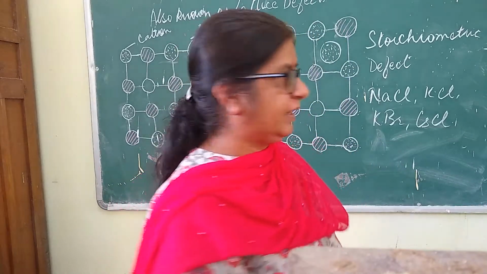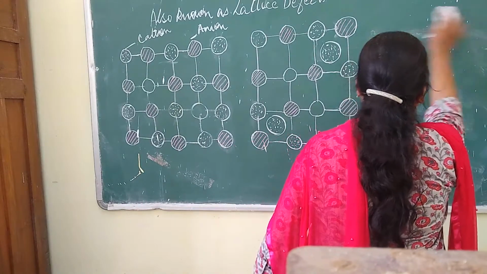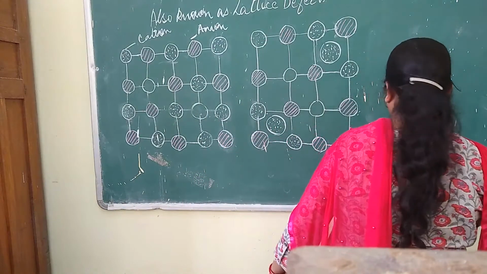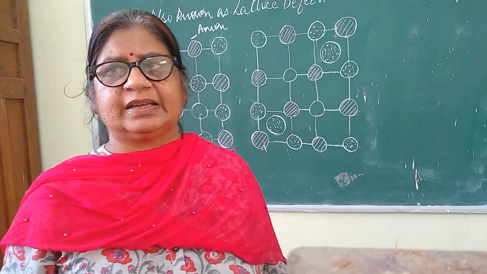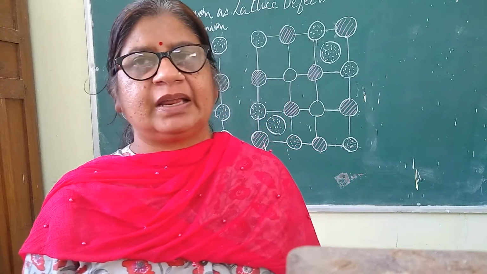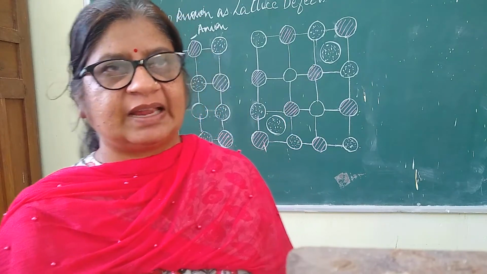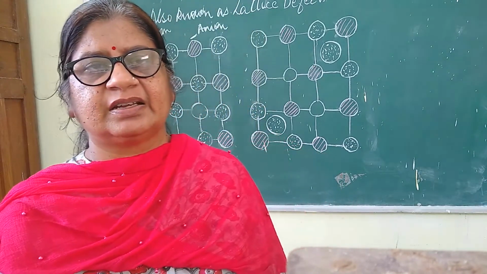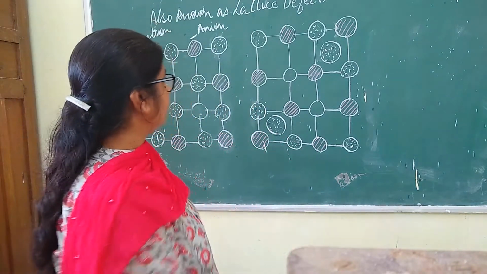Second comes the Frenkel defect. Now, the Frenkel defect is another part of the stoichiometric defect. In a Frenkel defect, a hole or a vacancy exists in the crystal lattice because an ion occupies an interstitial lattice site. This can be seen here.